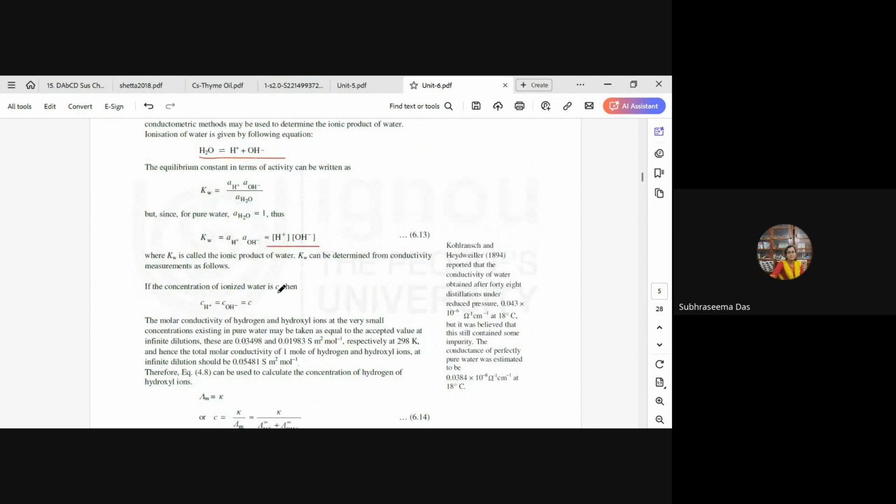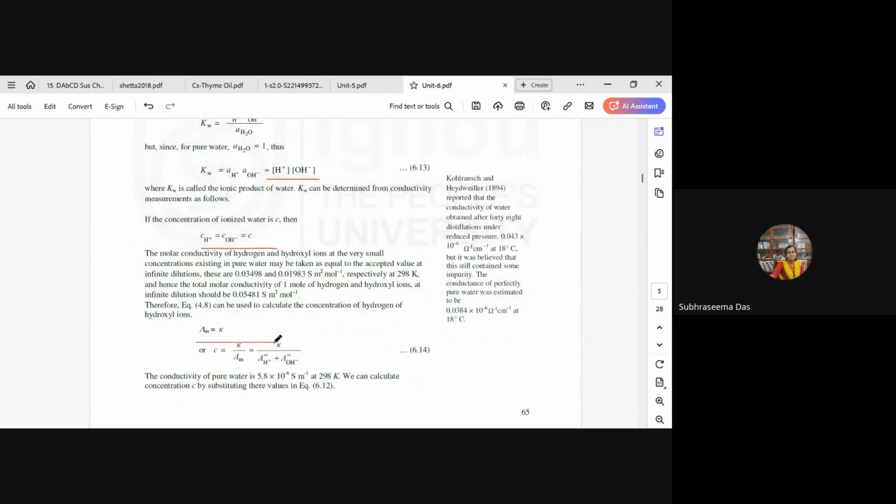If the concentration of ionized water is C, that is C of H plus is equal to C of OH minus is equal to C. So from equation 6.8, we can calculate lambda m is equal to kappa by C, or C is equal to kappa by lambda infinity of H plus and lambda infinity of OH minus.